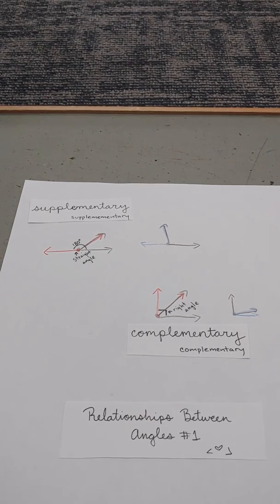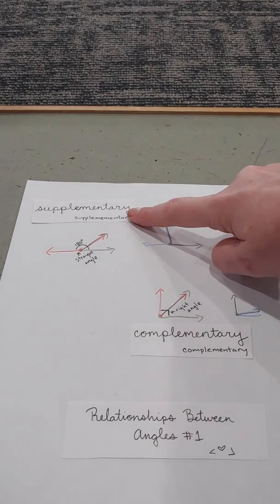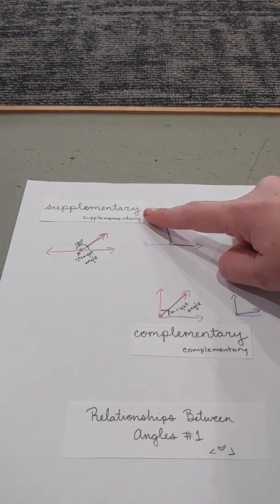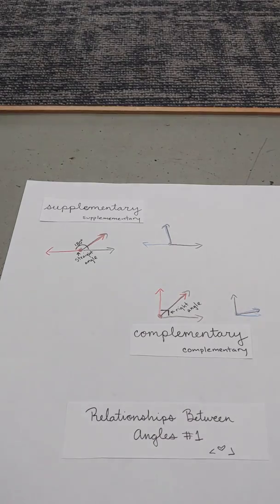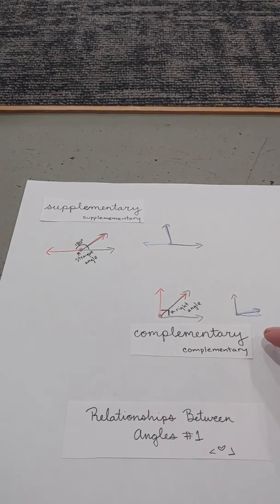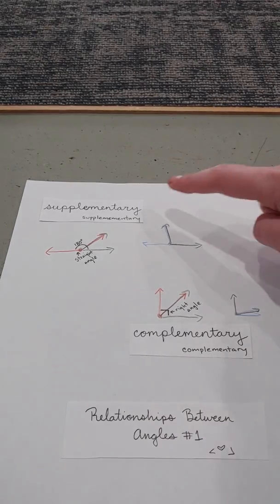I was looking into where these words come from, fun fact of the day, and both complementary and supplementary come from Latin. Complementary comes from the Latin word compliere, and supplementary comes from the Latin word suppliere. And what's funny is they basically mean the same thing. Complementary, or compliere, means to fill up in Latin.